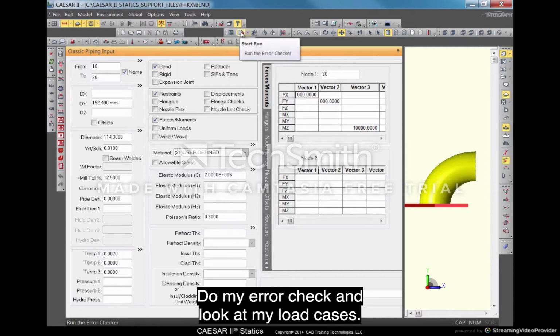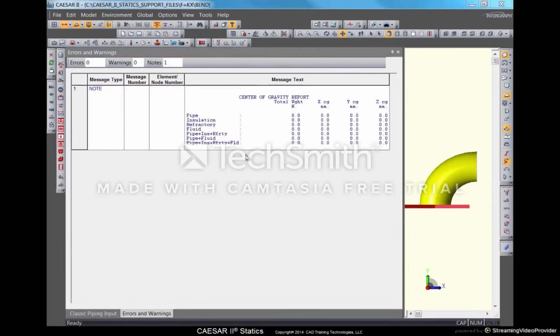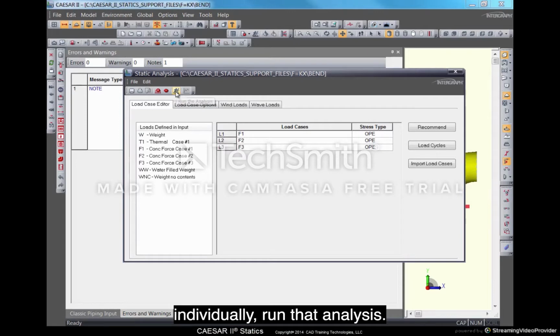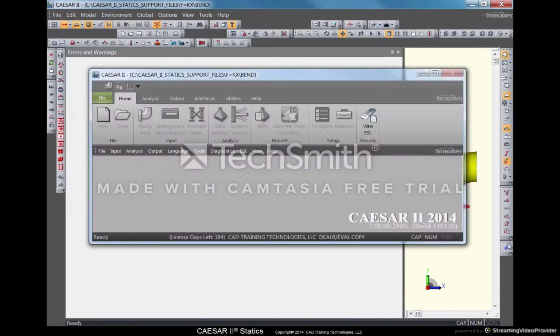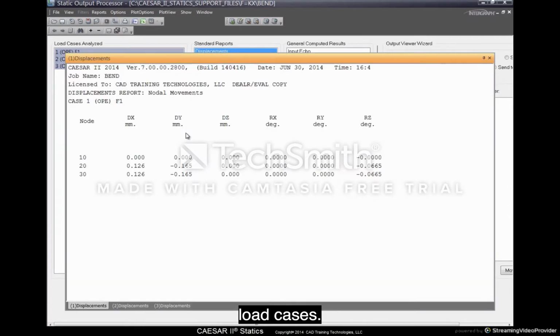Do my error check. And look at my load cases. Look at each one of those four sets individually, run that analysis. And I'm going to look at the deflections for those three load cases.